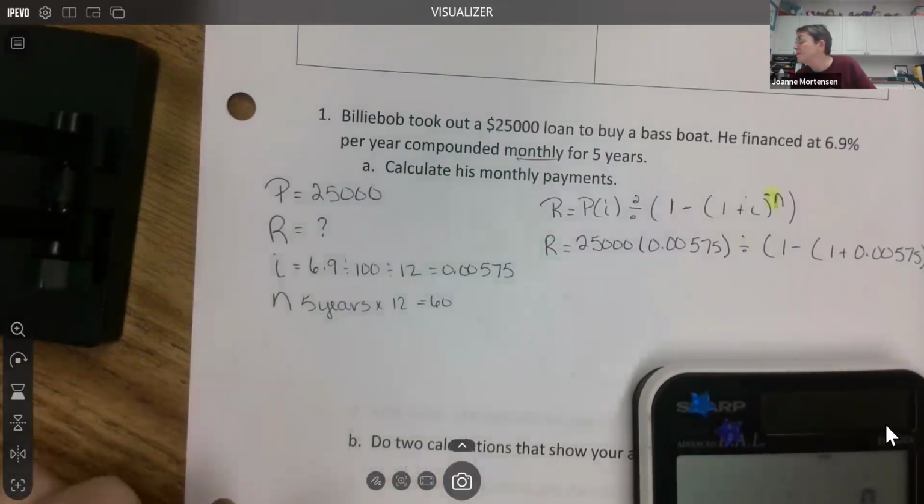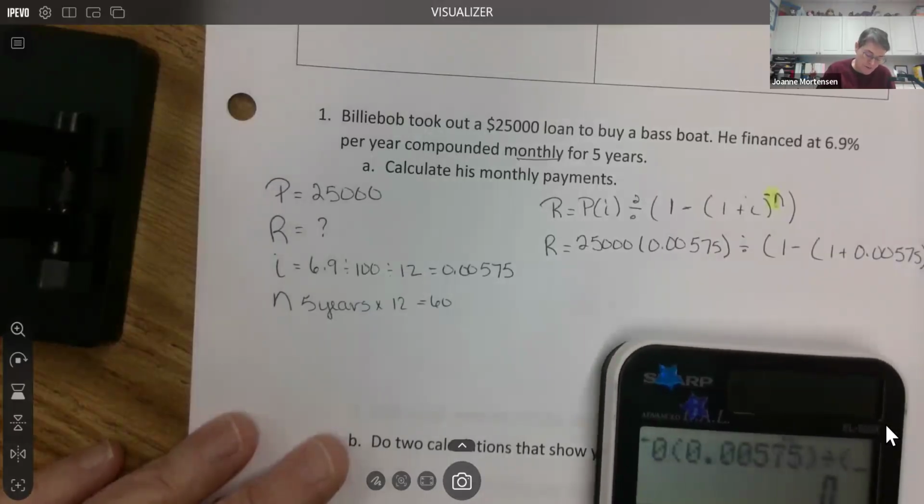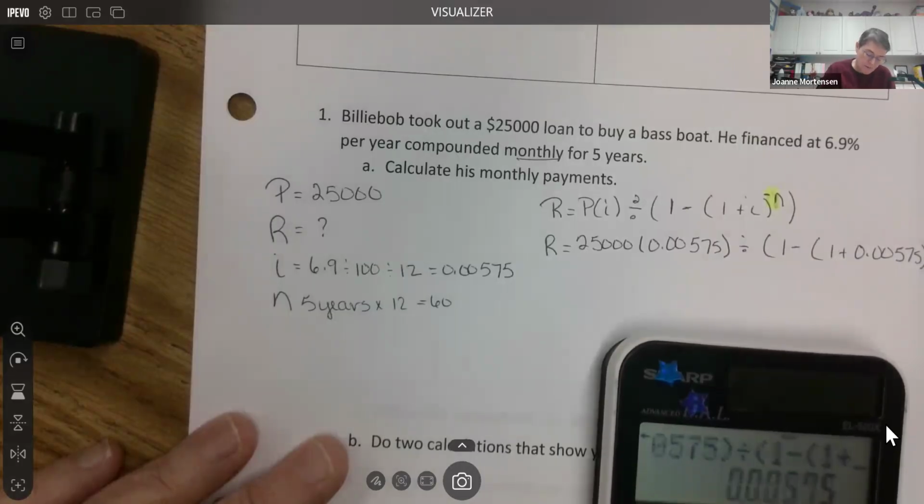I want to peek to see if my calculator works. 25,000 times bracket 0.00575. Close my bracket. Divide by bracket 1 minus bracket 1 plus 0.00575. Close my bracket. Exponent. I'm going to try it this way. Minus 60. I love my calculator. It works either way.